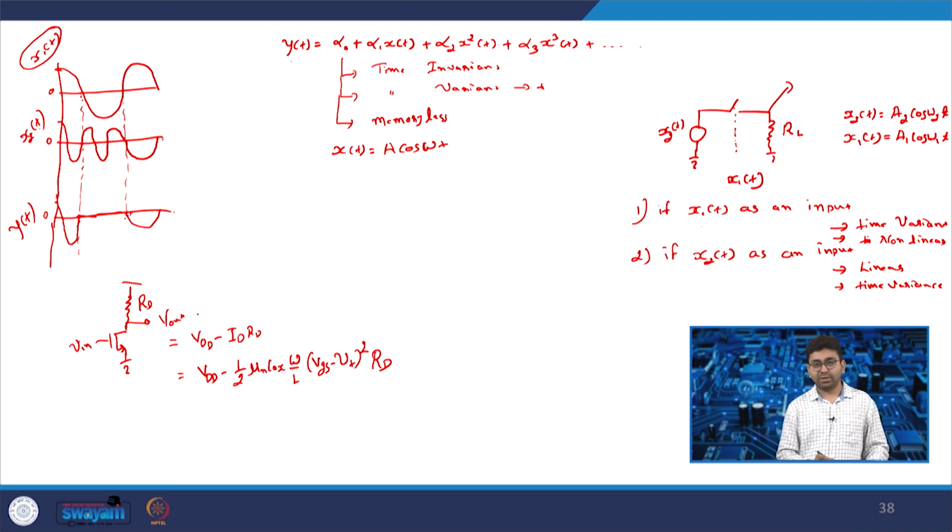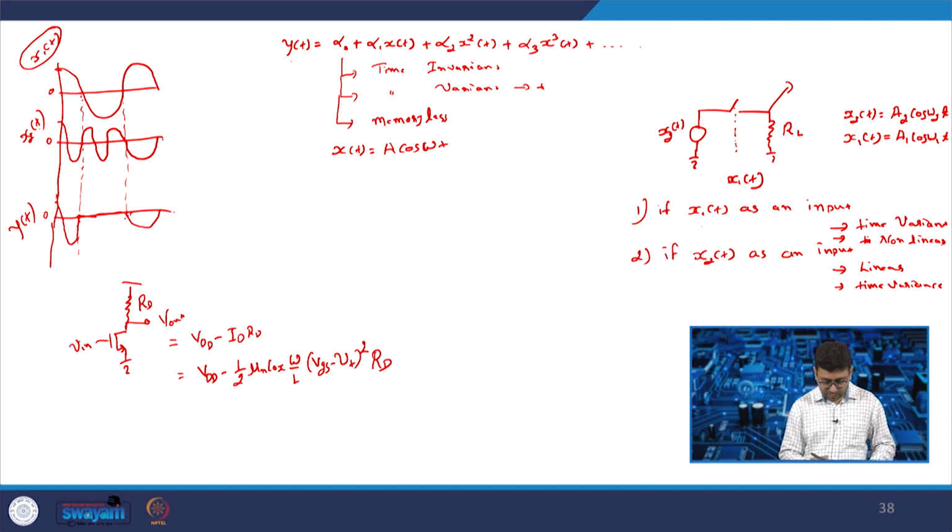Here it is V out(t). So, V out is a function of your VGS square. This function will go on because many nonlinear terms will be added when we consider the complete ID equation. So, we will try to solve this and find out what y(t) is.